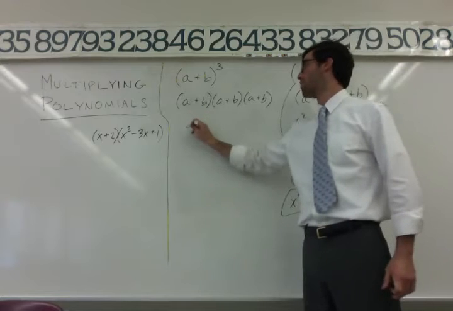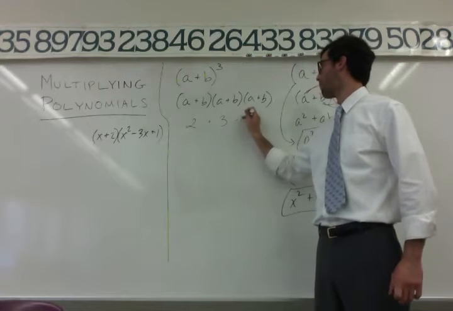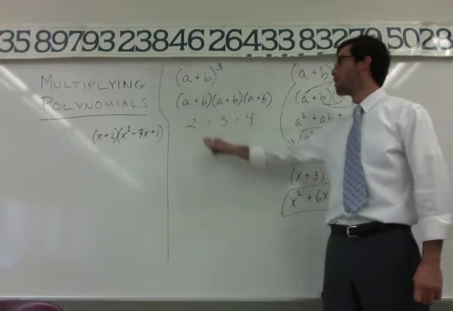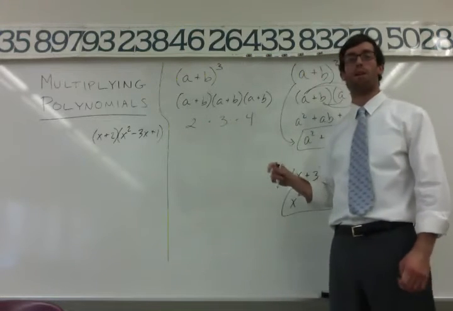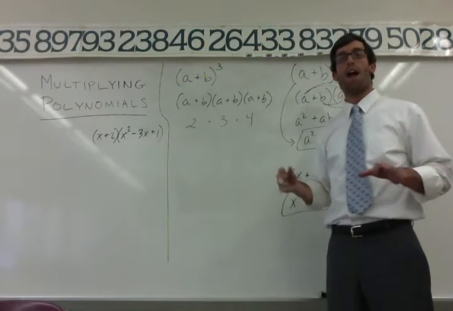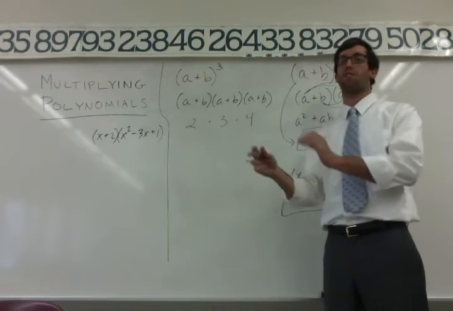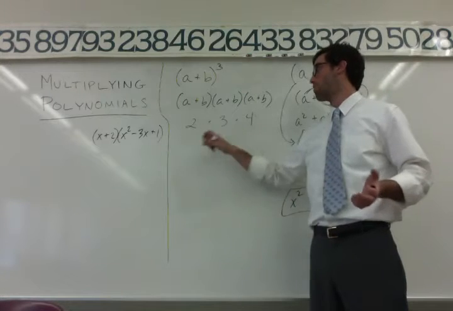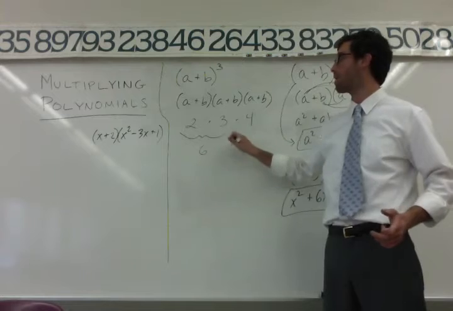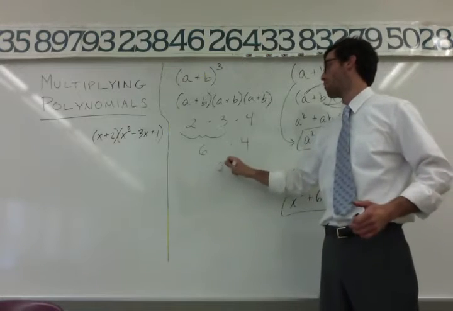If you're multiplying 2 times 3 times 4, 3 numbers, 3 terms, whatever, we don't multiply 2 times 3 and then 2 times 4. No, we just multiply any 2 of these, doesn't matter the order, and then the product by the third number. So like 2 times 3, for instance, one way to do this is 6, and then the product of 6 by the 4, and we get 24, the answer.